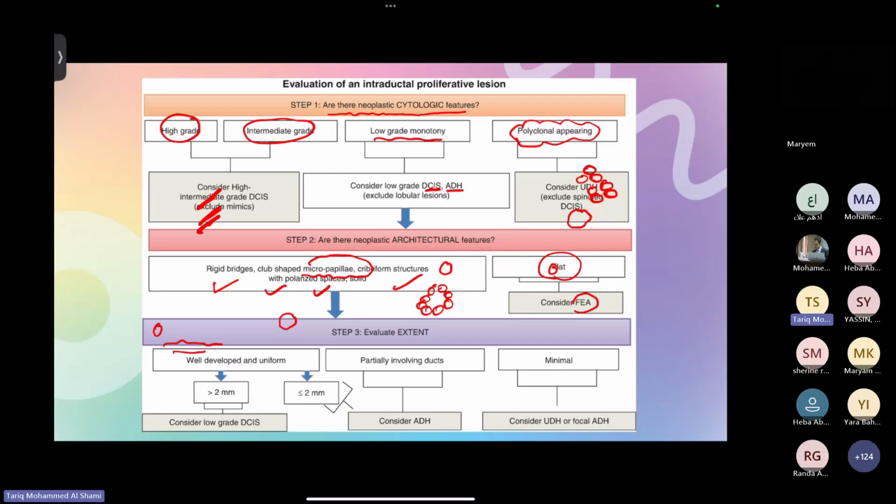Step three, or question three: is there any extension? Evaluate the extent of the disease. If the lesion is well developed and uniform and more than 2 millimeters, consider low-grade DCIS. If less than 2 millimeters, consider atypical ductal hyperplasia. If minimal extent, we have to consider usual ductal hyperplasia or focal atypical ductal hyperplasia.